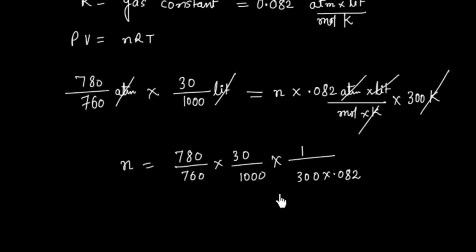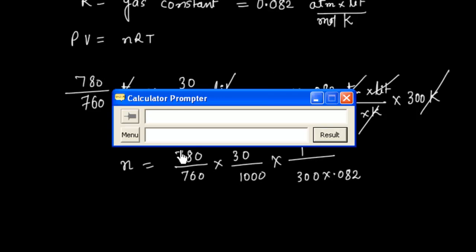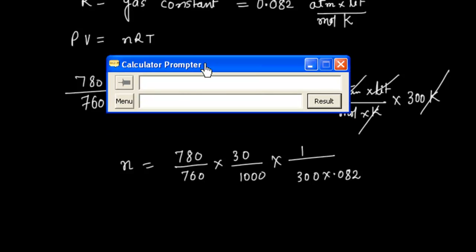So let us do this calculation. I have 780 multiplied by 30, and this divided by 760 multiplied by 1000 multiplied by 300 multiplied by 0.082.